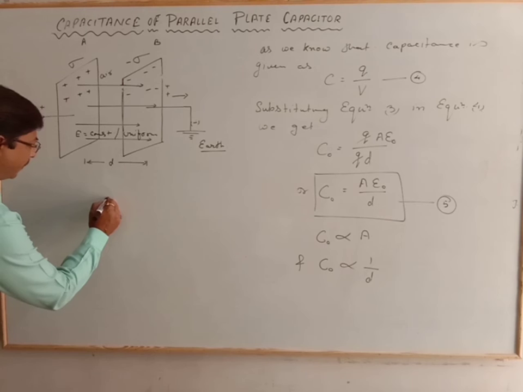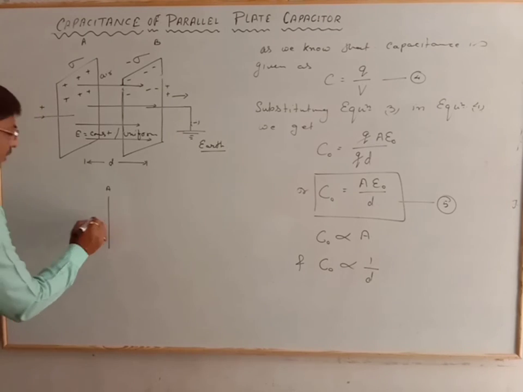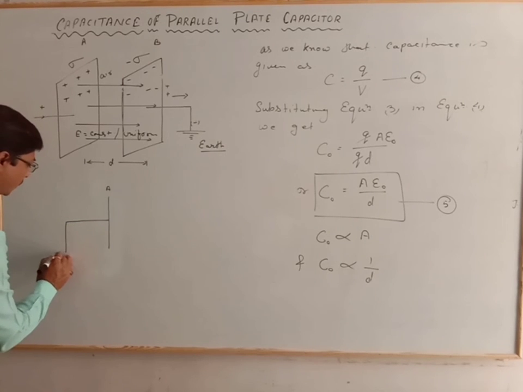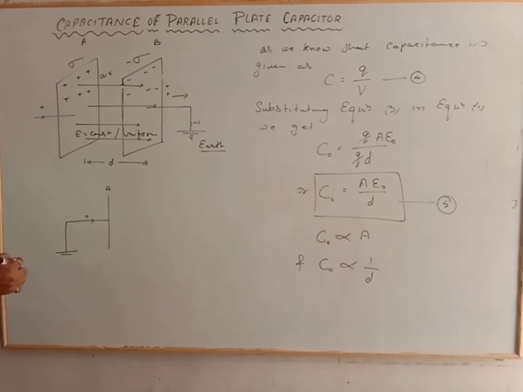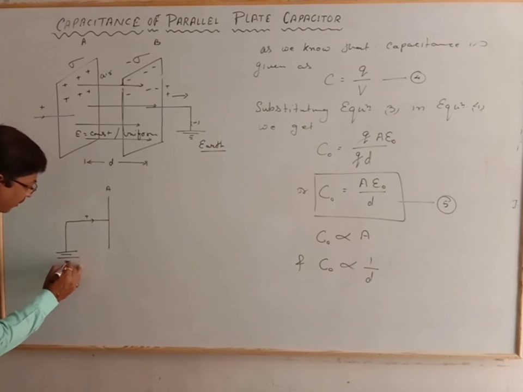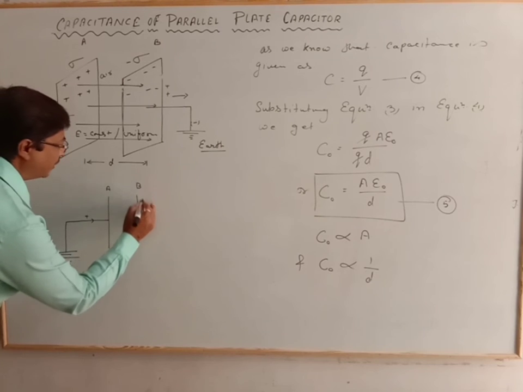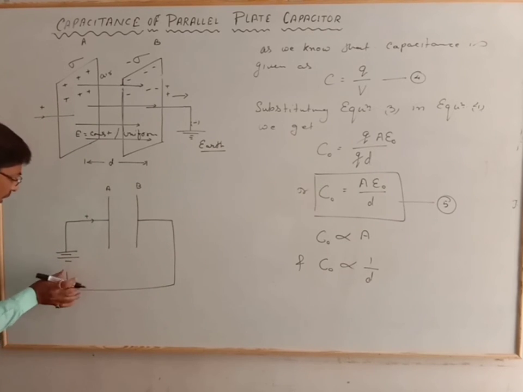Plate A is provided by a source to move charge onto plate A, and plate B is connected to the negative source, or lower potential.